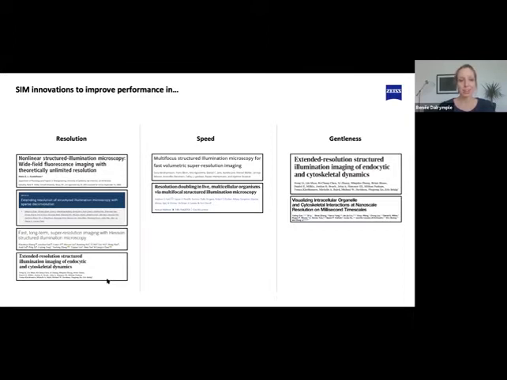The challenge with a lot of these implementations, such as the multi-focus SIM that you worked on, which is a fantastic innovation, is that you had to build it yourself in your core facility, right? What we want to do is really provide access to these types of technologies to the widespread community so that they're easy to use to push our research further. We also want to, of course, try to improve upon all 3 of these categories at the same time, rather than having to give one up for the other.